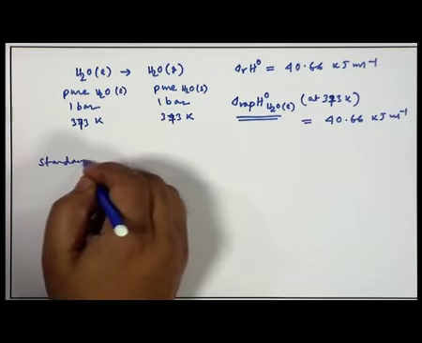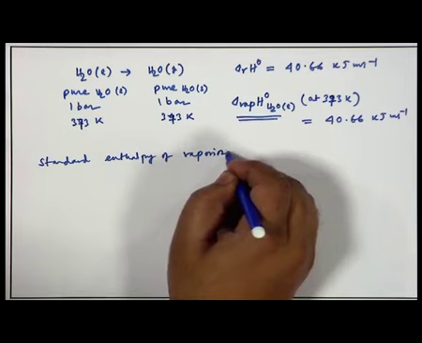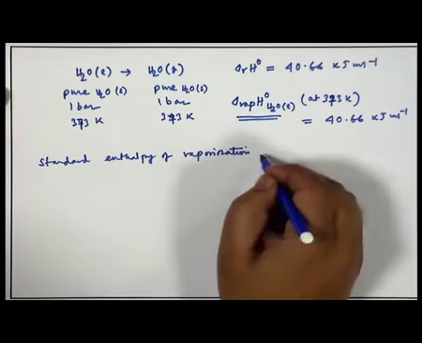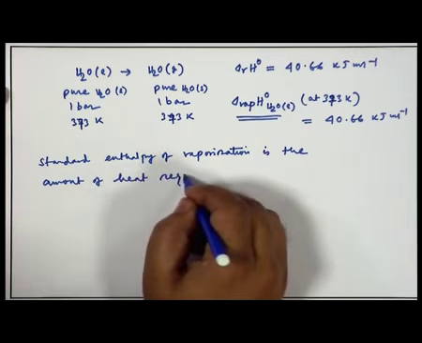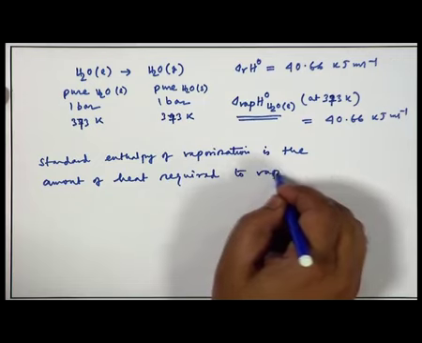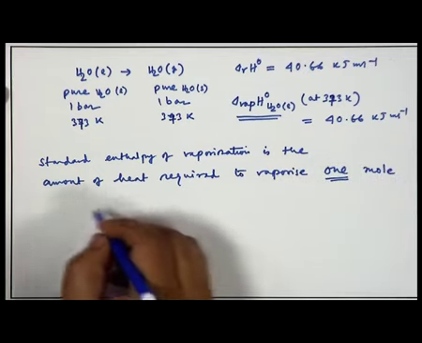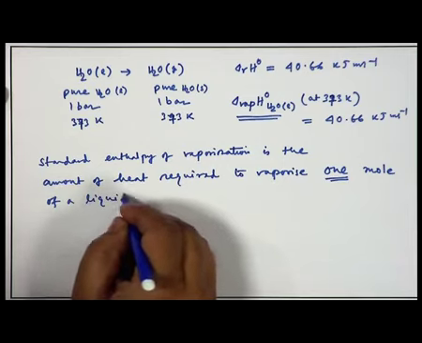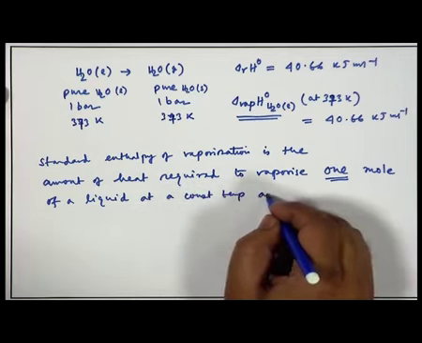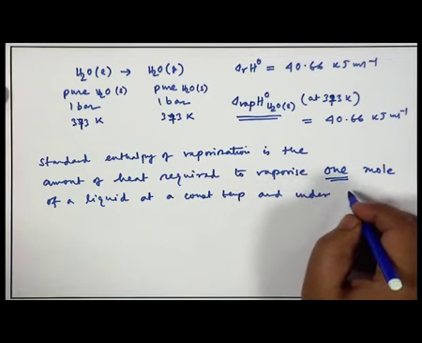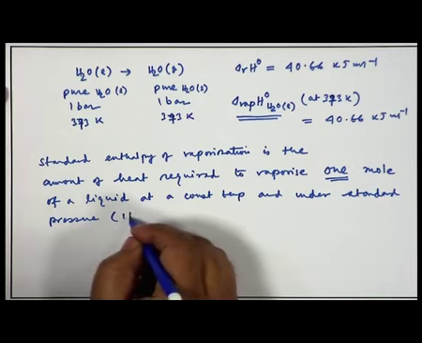So, we can define standard enthalpy of vaporization as the amount of heat required to vaporize 1 mole of a liquid at a constant temperature and under standard pressure, which is 1 bar.